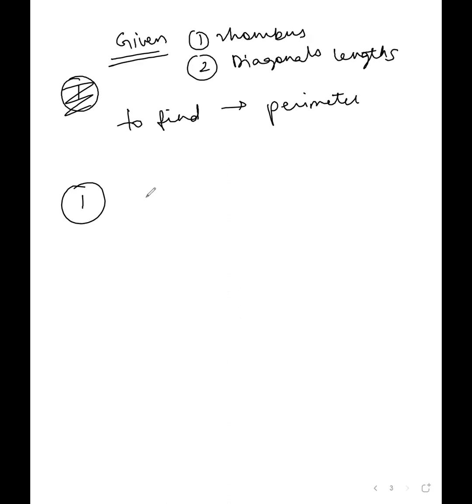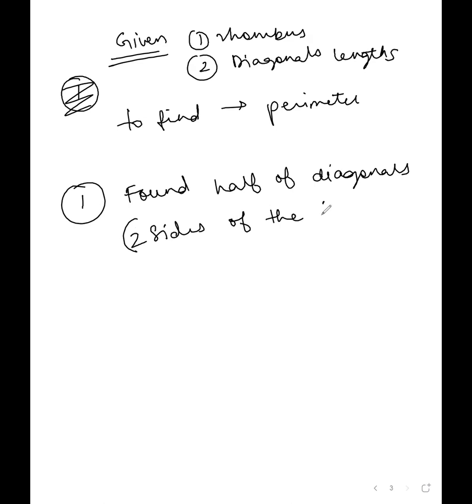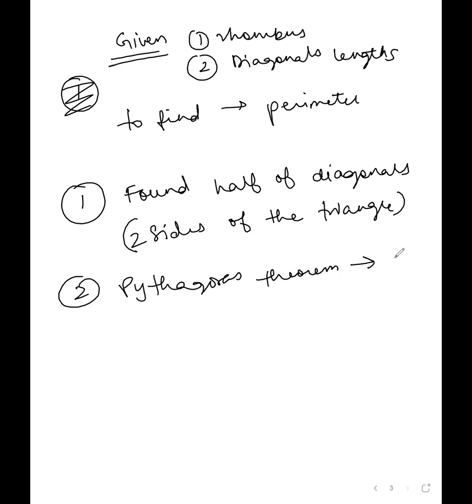We found x. No, before that, before finding x, what did we do? We divided the diagonals by half, right? We found out half of the diagonal. That is basically to say the 2 sides of the triangle. Then we used the Pythagoras theorem to find x.